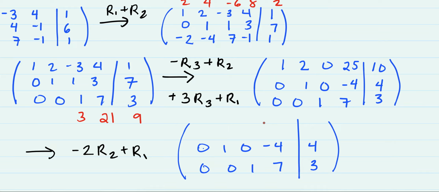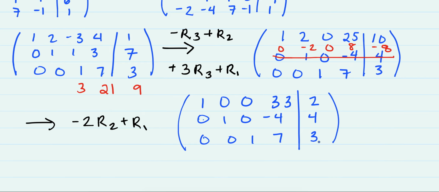Okay. I'm going to actually cross this out and put -2 times it right above it. So 0, -2, 0, 8, -8. And let's see what we get. We get 1, 0, 0, 33, and then 2.